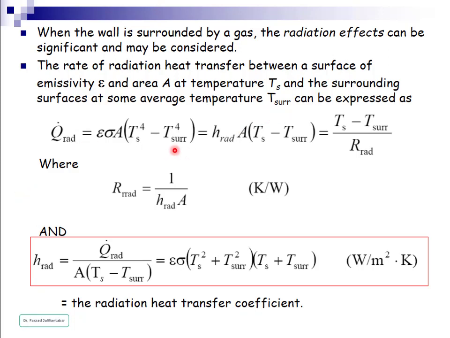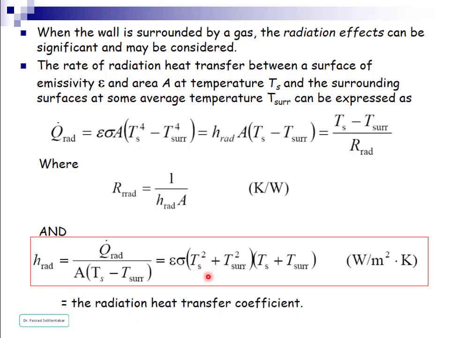By rearrangement of this equation, we can reach this final equation, which is only dependent on the difference between the temperature of the surface and the surrounding, and this new concept that we can call radiation resistance, and it is equal to 1 divided by radiation heat transfer coefficient times the surface area of the heat transfer. And finally, we can reach this equation for the radiation heat transfer coefficient.